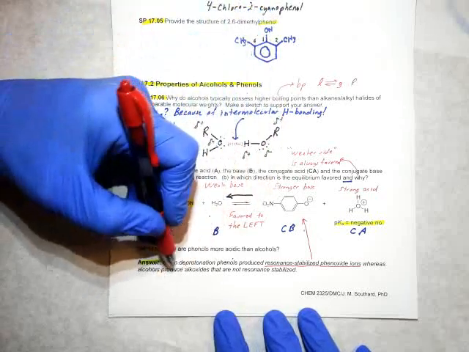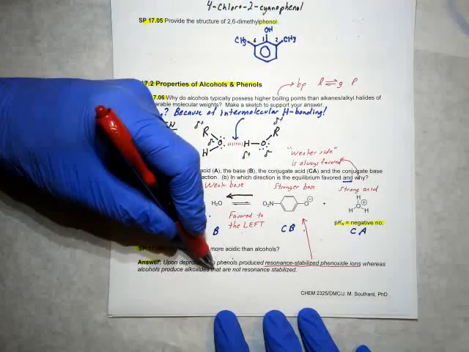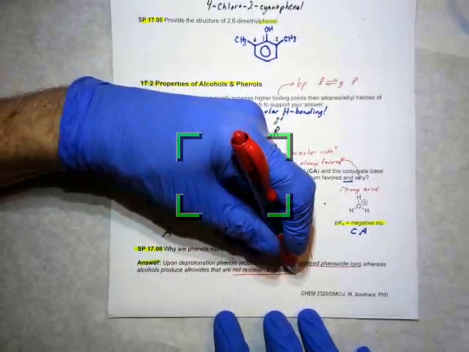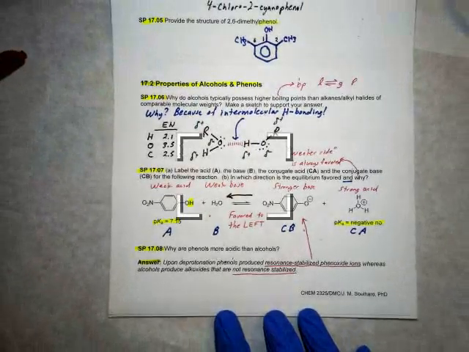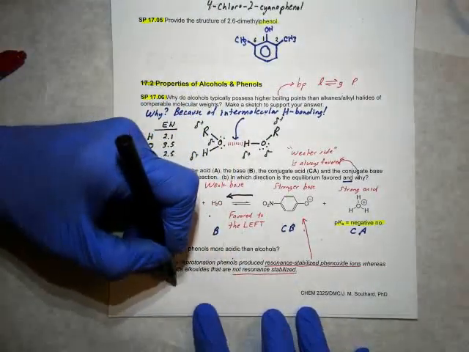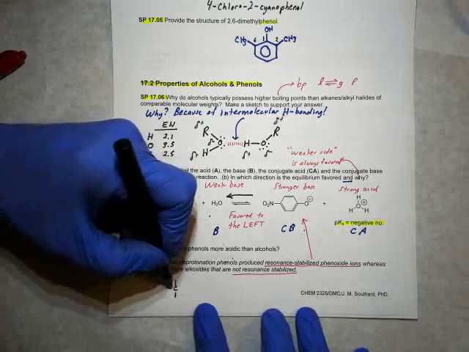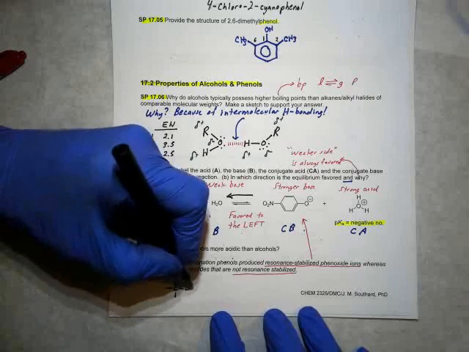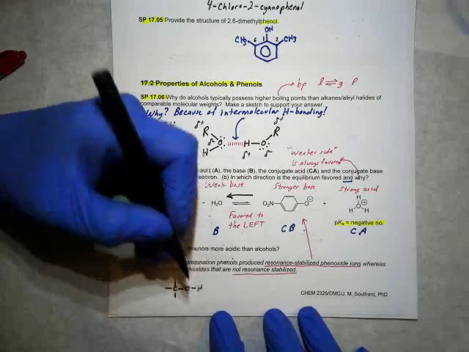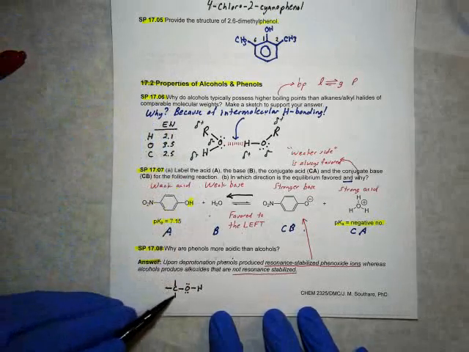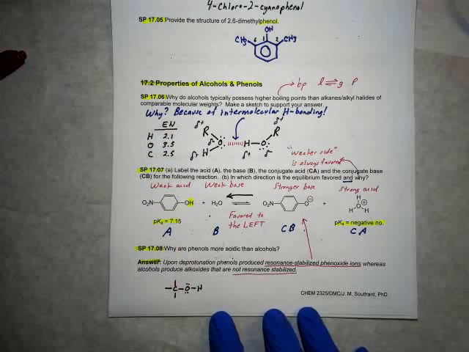However, alcohols produce alkoxides that are what? Not resonance stabilized. And this goes back to something I said at the very beginning. Folks, if you have an alcohol, bear in mind that that alcohol is bonded to an sp3 carbon. There's no pi bonds there. This carbon is entirely sp3.